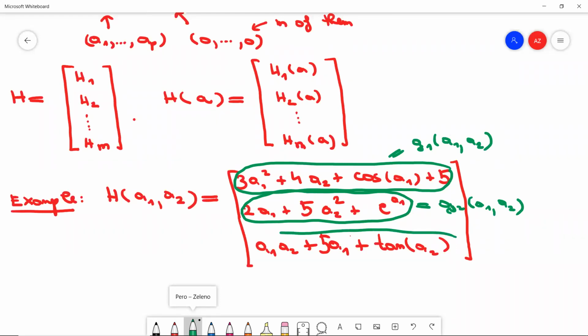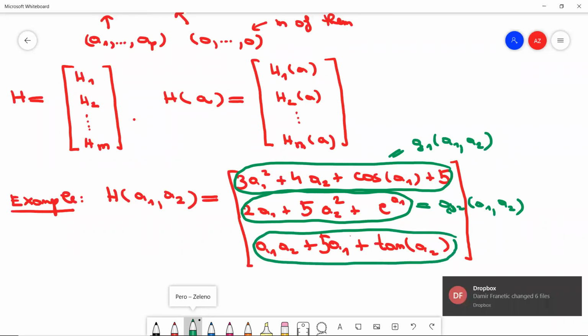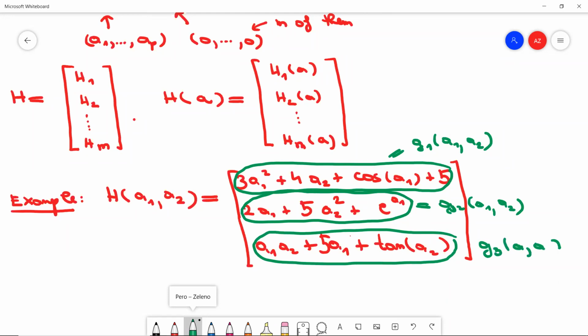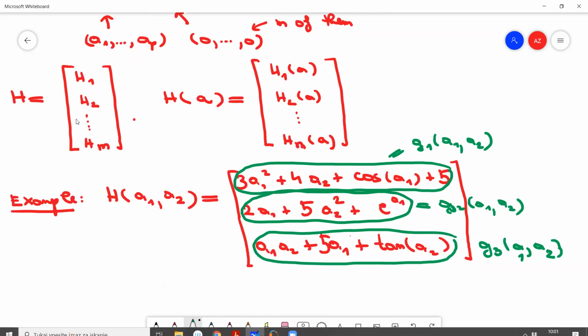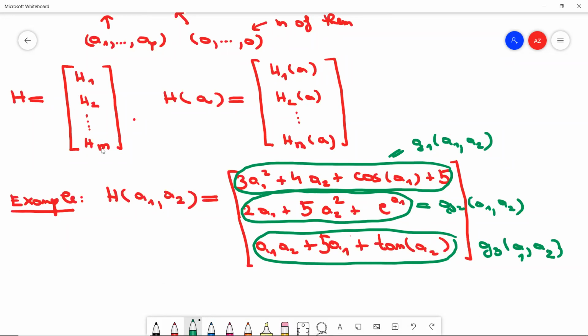And this is g3 of a1 and a2. So it's not a matrix, it's a vector function. So every component of h is a function which depends on the parameters a1 and a2.